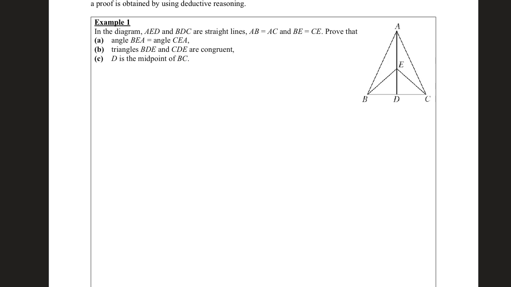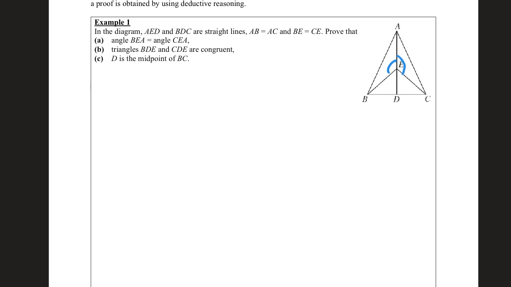Angle BEA and angle CEA. If I were to prove, I will need to prove that BEA and CEA are the same. These are the two angles I need to prove, but I don't know whether they are the same or not.